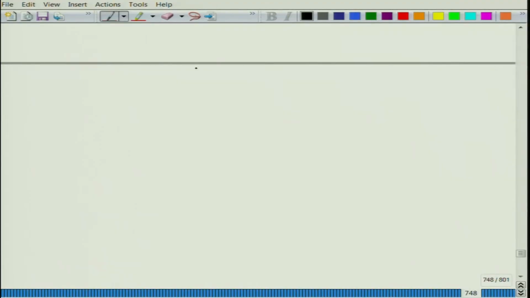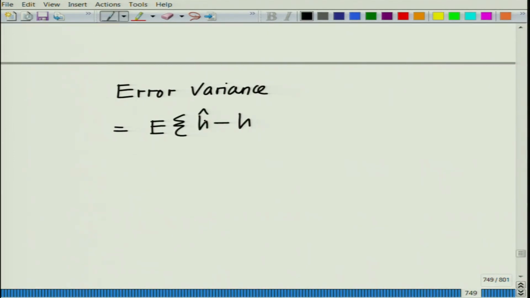Error variance is given as follows. The error covariance, or the error variance, is equal to the expected value of (h hat minus h) whole square.